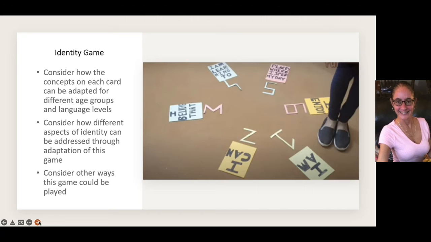How could you adapt these simple statements that are prompts for learners to share about themselves? How can you get at something a little more abstract, like we saw in that image of identity in the middle? What statements could we use to get at beliefs, values?